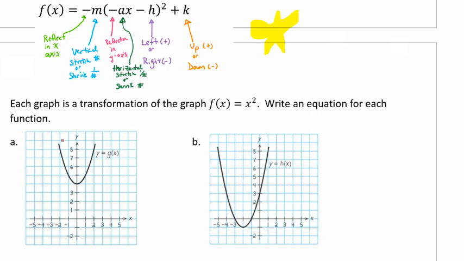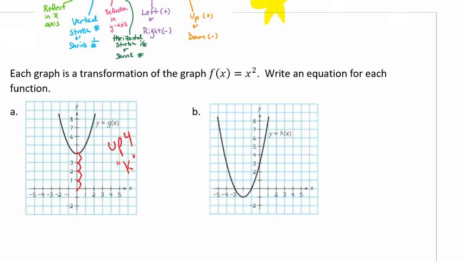So here we can see that this graph has moved up 4 units. 1, 2, 3, 4. Now remember that up is a k value, right? So we're going to put that in the k's spot. So here we're going to have f of x plus 4, because that's where our k is at. Now remember that f of x is x squared, right?